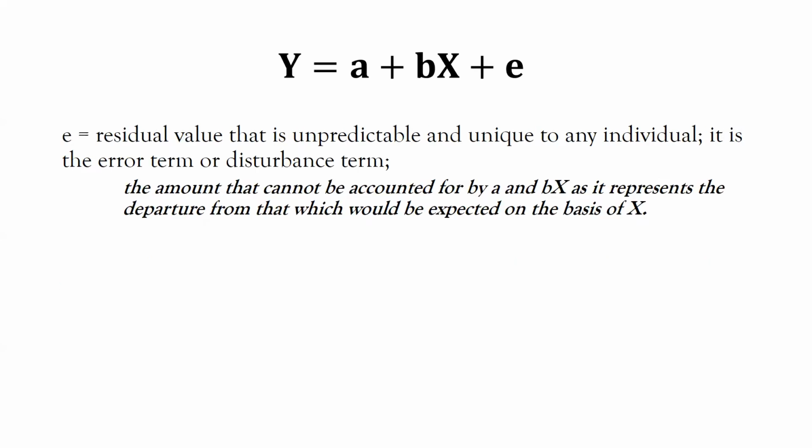It represents any departures from that which would be expected on the basis of x. So usually when using the regression equation, we sort of remove the error term. It's just there to remind us that there are individual differences that explain why our predictions of y are not always equal to the actual values of y.